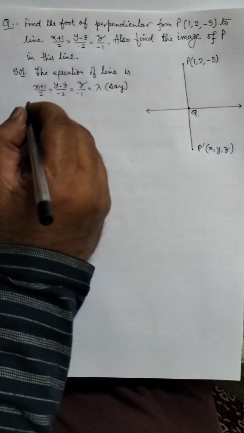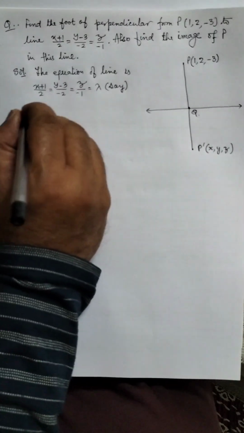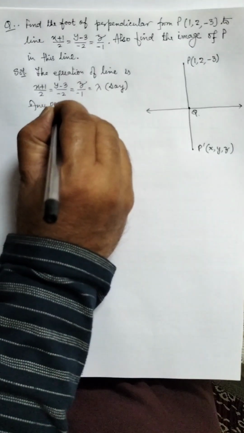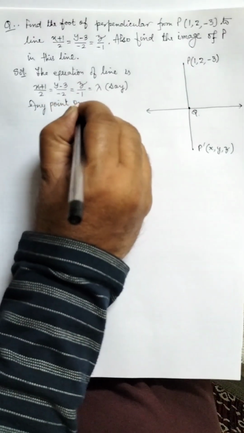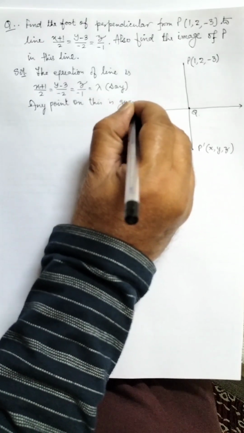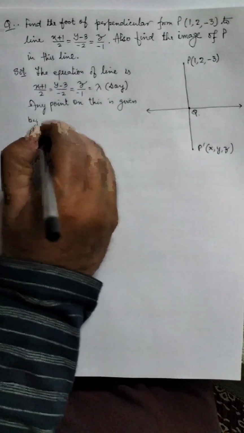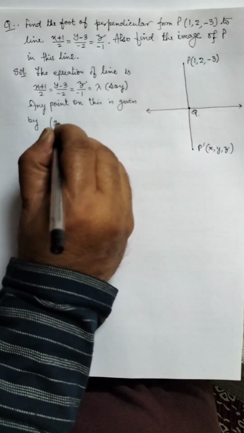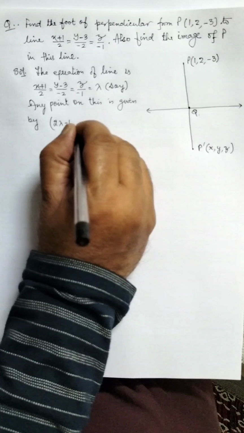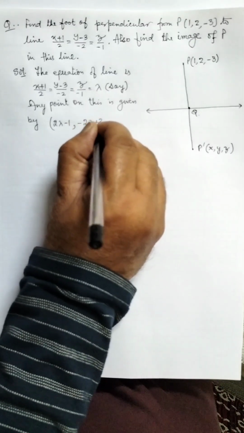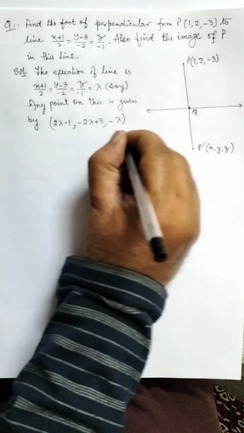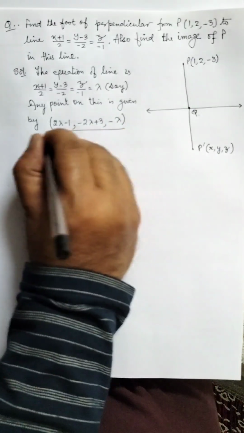Now any point on this line is given by (2 lambda - 1, -2 lambda + 3, -lambda). So this is a general point.